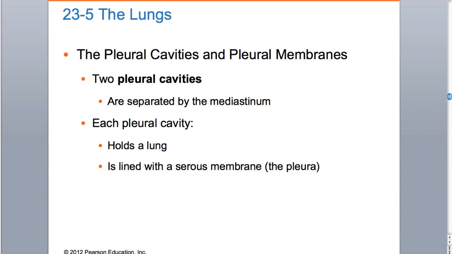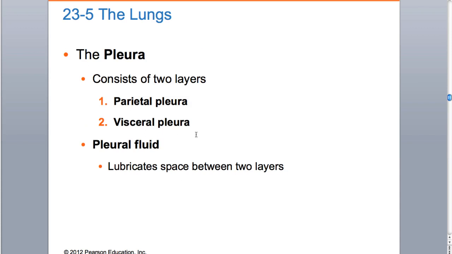Next slide. We've already referred to this before about the pleural cavity. So I showed you that picture already. Okay, next slide. Here's the story about the pleura. We saw this in a previous picture. Parietal pleura, visceral pleura, and we have a fluid in between.